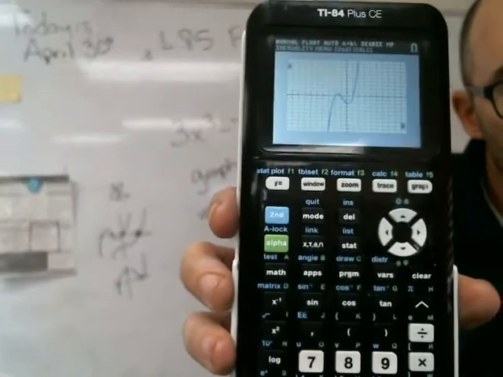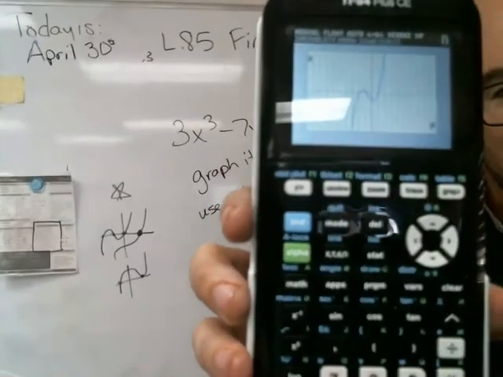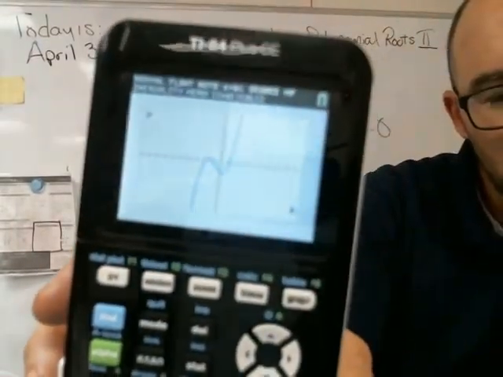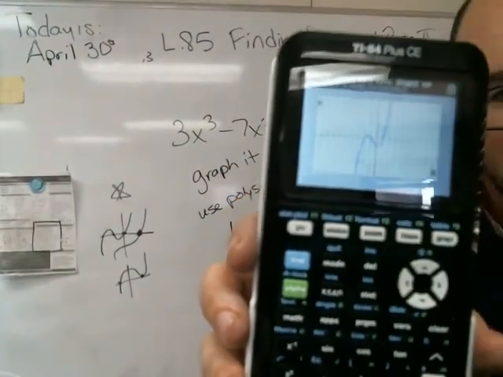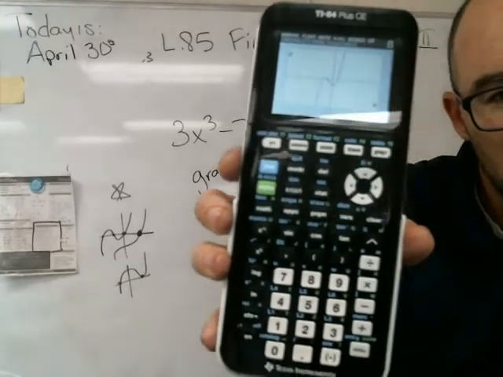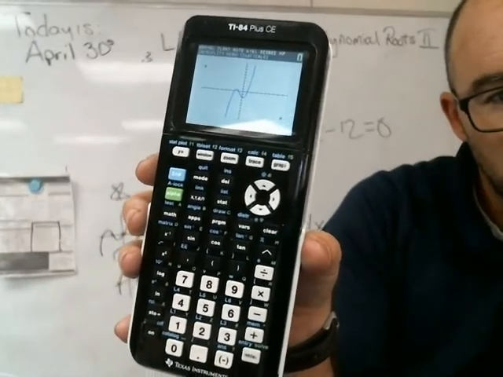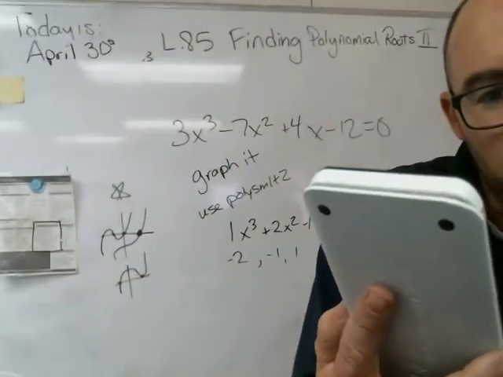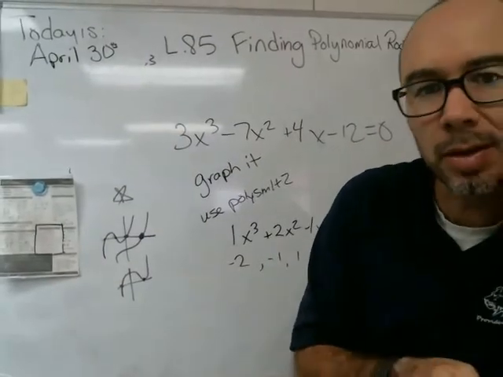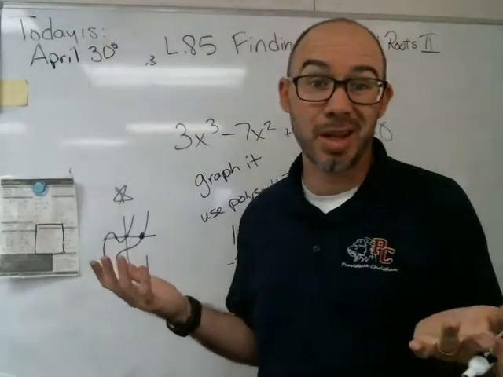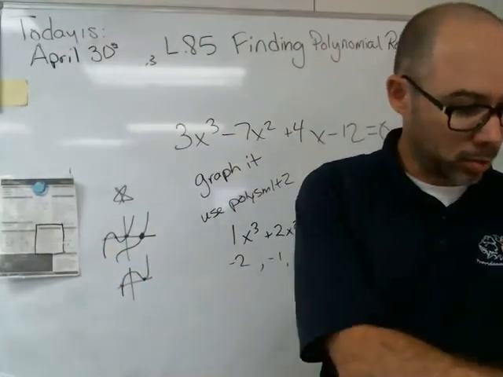Yep, it's pretty straightforward. That -1, -2, and +1 would be really good answers. It looks like it works really nicely.